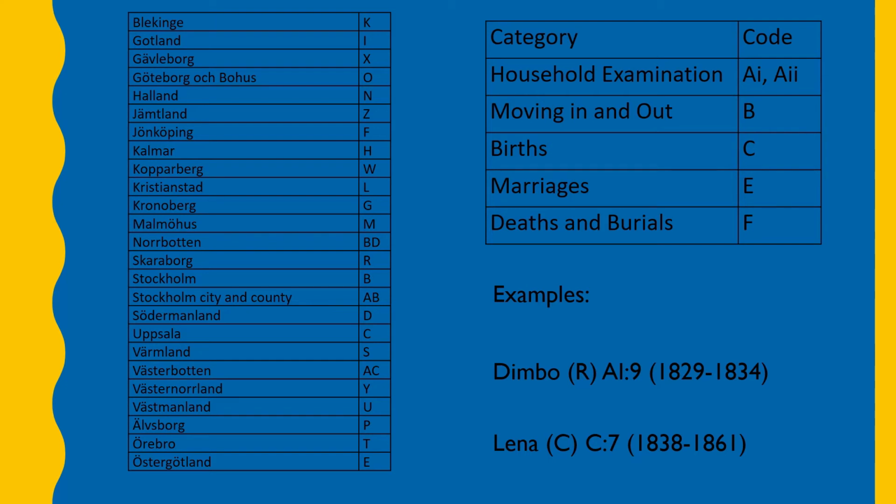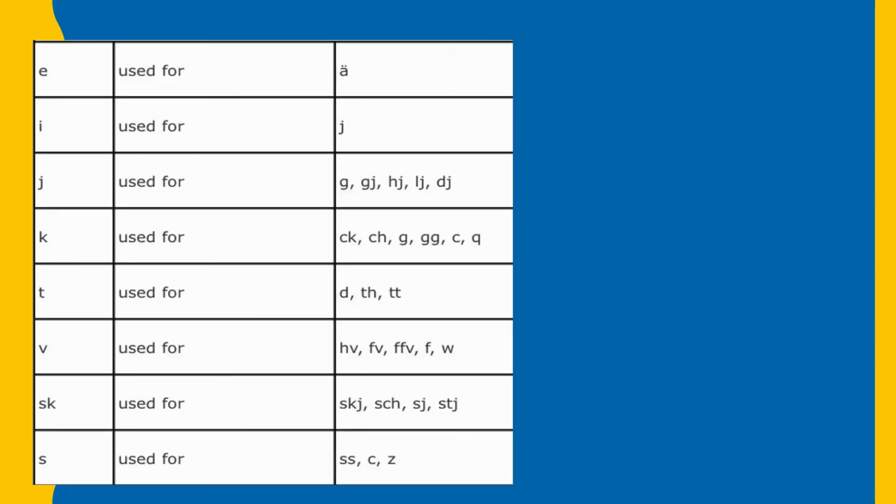Something to be aware of is that the spelling of things has changed. Here's a little chart that shows some of those things. For example, the letter K in today's Swedish alphabet could have been written 100 years ago as a CK, a CH, a G, a GG, C, or a Q. Knowing that is important because spelling has changed over time.